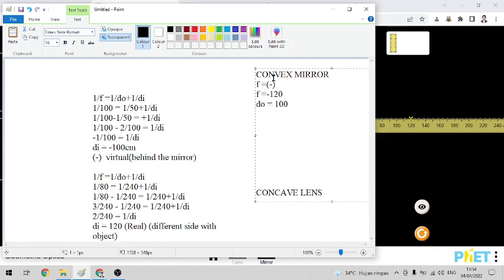So let's put into the formula 1 over minus 120 equal to 1 over 100 plus 1 over the I. So we get minus 1 over 120 minus 1 over 100 equal to 1 over the I.